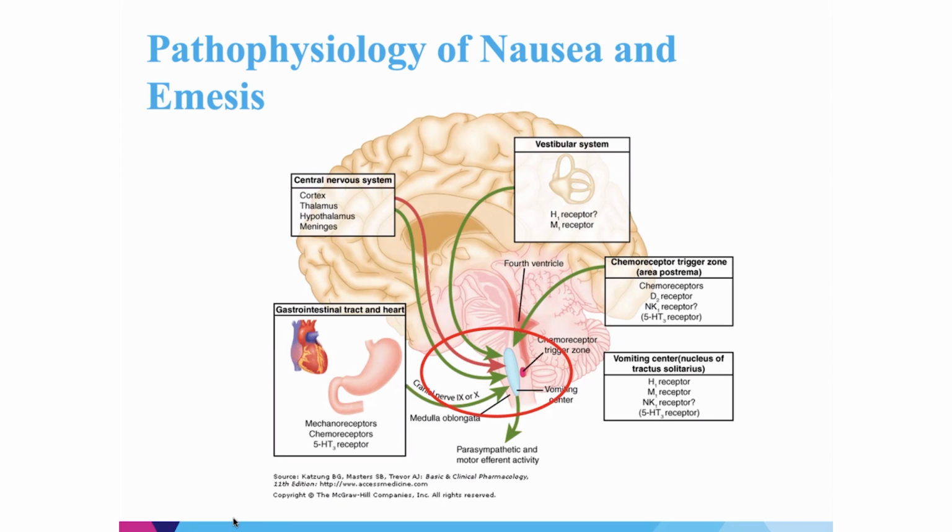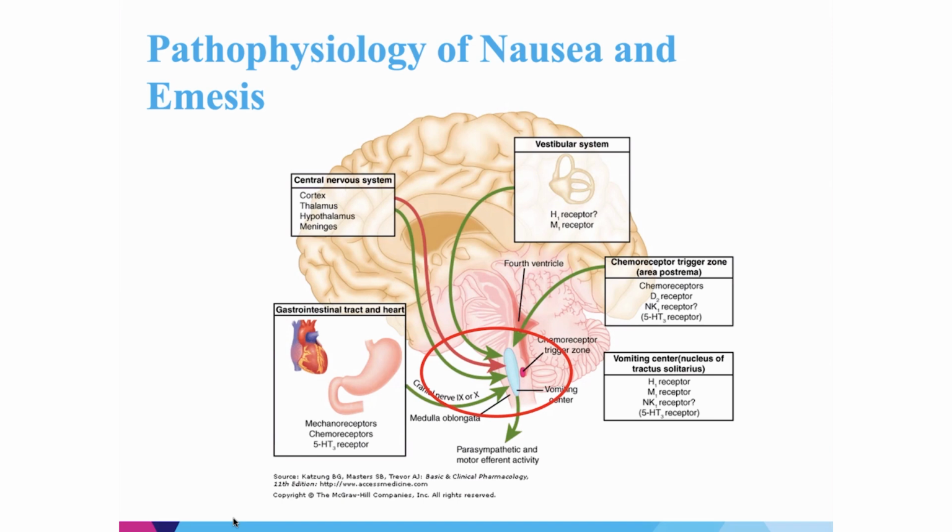It's receiving information from your GI tract, from your heart, from the inner ear, from the higher cortical structures, and also from the chemoreceptor trigger zone, which is also located in the brainstem. It's taking in all of this information, and then, if the threshold is met for the patient to vomit, you have efferent limbs coming out of the vomiting center that make us gag or make us do the vomiting reflex.